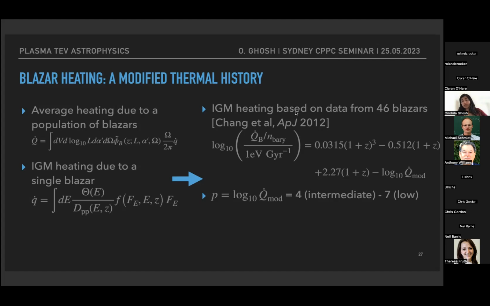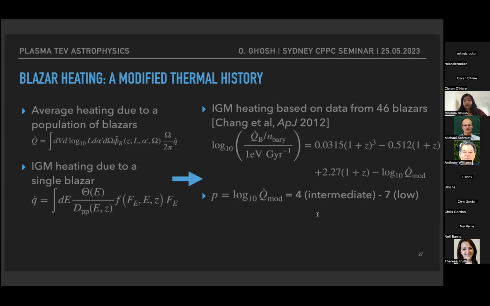Chang et al., in a paper from 2012, estimated this with a fit from 46 blazars, and it has this type of redshift dependence, in addition to a parameter that tells us how strong or weak the blazar heating is, consistent with the plasma instability growth rates.